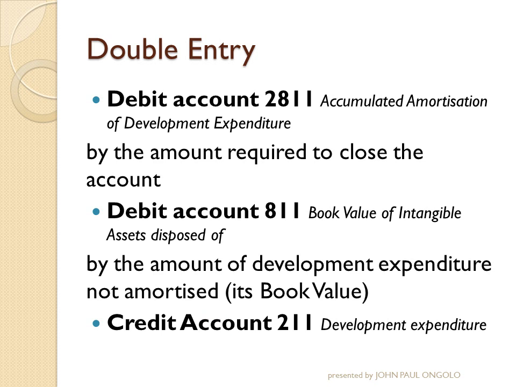It means that these two, account 811 and account 2811, their sum will be the balance in account 211, development expenditure. Hence, by crediting account 211, development expenditure, we close that account as well. So this is the double entry, and it respects the double entry for the disposal of fixed assets.